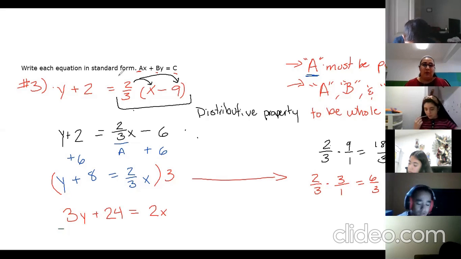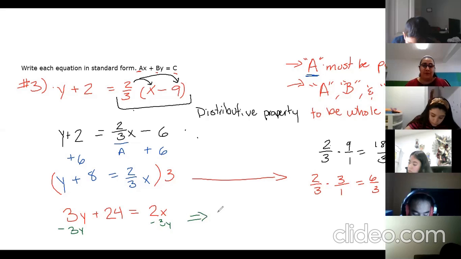Okay, remember the variable x and the y go on one side and the whole number goes on the other one, so we have to subtract the 3y from both sides, and we get 2x, okay, we're going to write them in order, minus 3y is equal to 24.